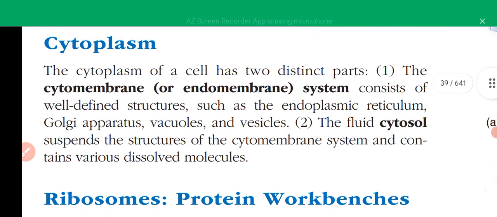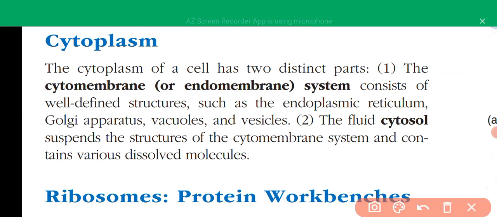Let's talk about cytoplasm. Cytoplasm, we know, is the aqueous ground substance of the cell present between the nucleus and the cell membrane. There are two parts of the cytoplasm: the endomembrane system and the cytosol. The endomembrane system consists of different organelles enclosed in their own membrane and separated from the rest of the cytoplasm, which is called cytosol.